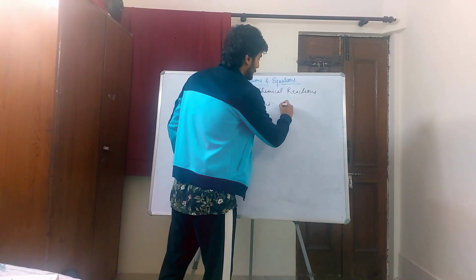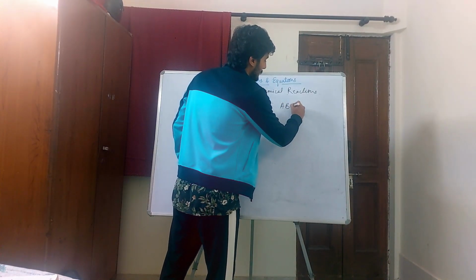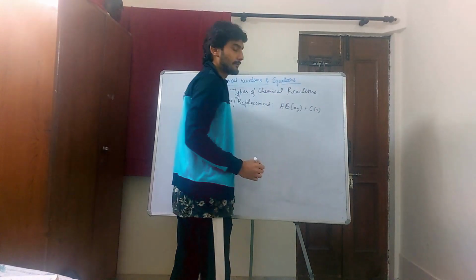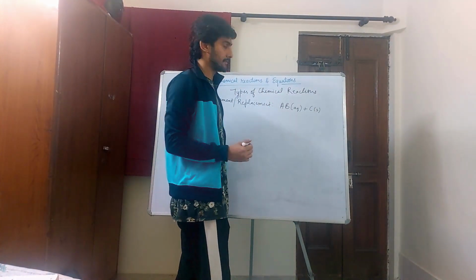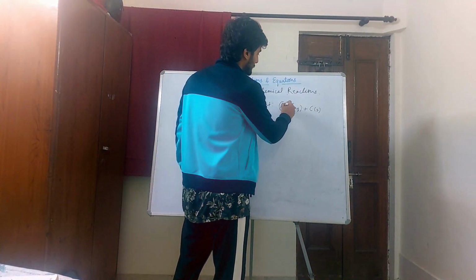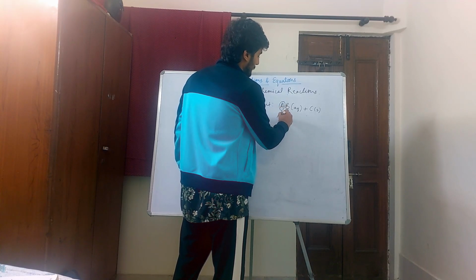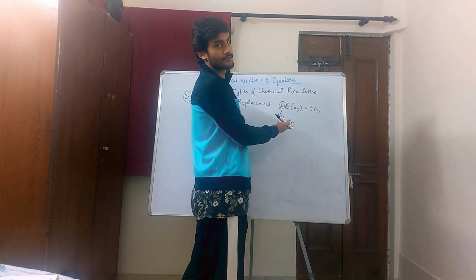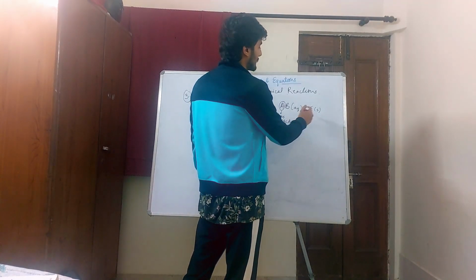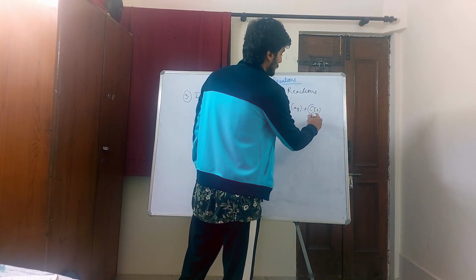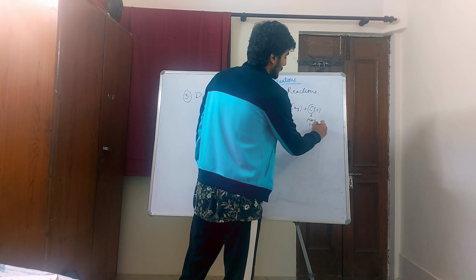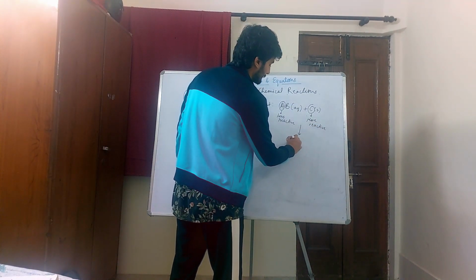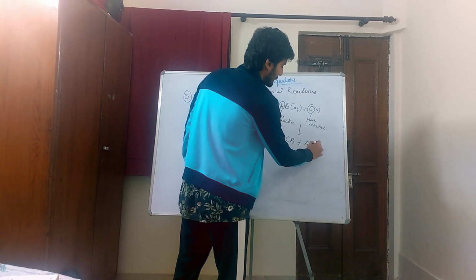So if you have AB, which will be in aqueous form, and you put a C element, which is usually a metal, what will happen if this is less reactive or less powerful, right? Because we have to use the word reactive. If this is less reactive and C is more reactive, what will happen?